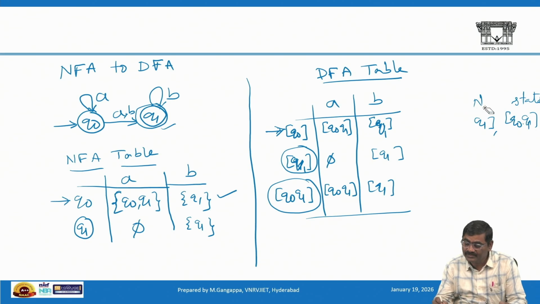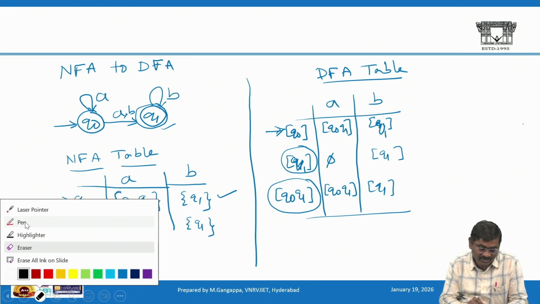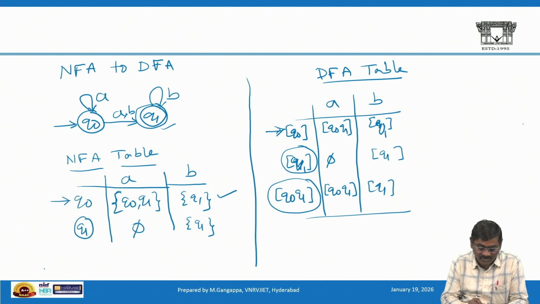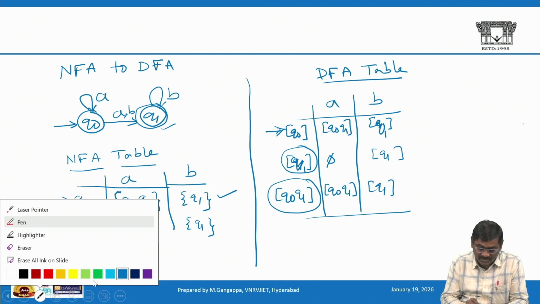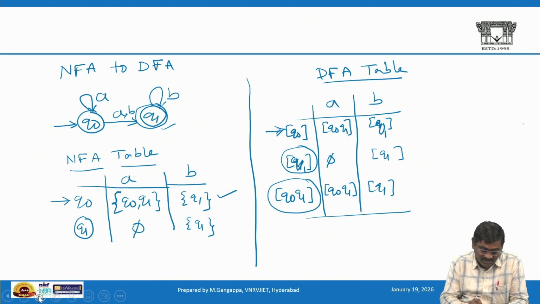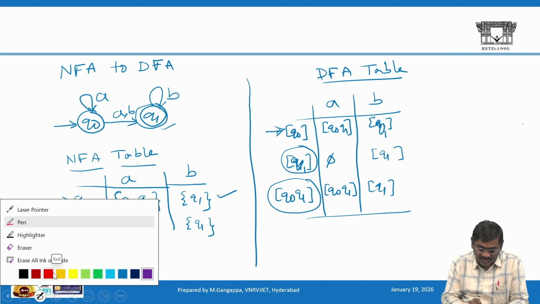Now after that, we should draw the DFA diagram from the DFA table. Here I am taking a new pen, a new color. It is better to take different colors so that you can easily understand.